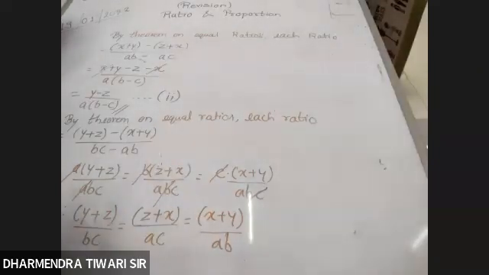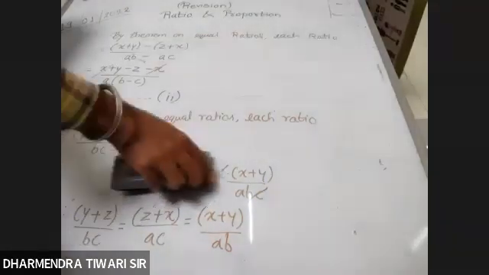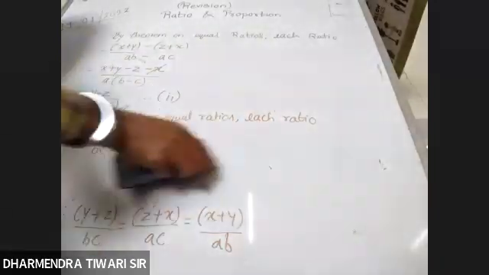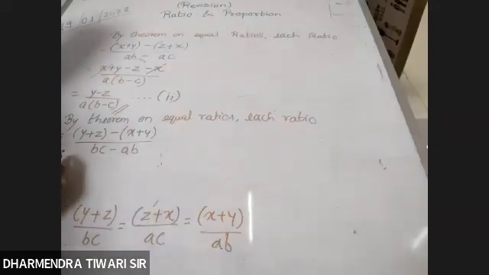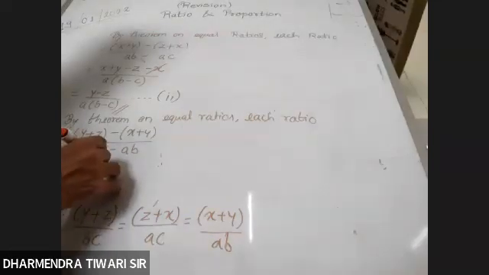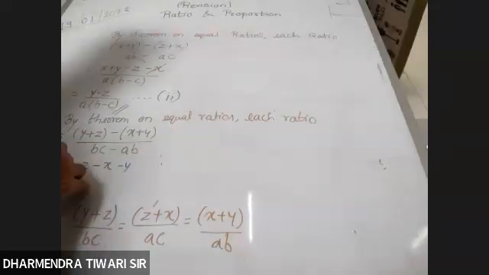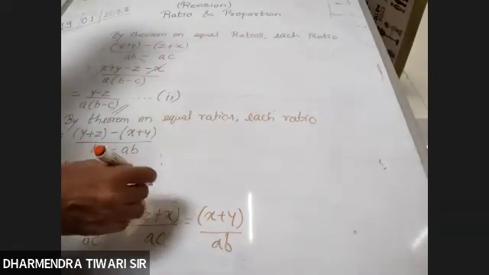So just open the bracket. Y plus z minus x minus y divided by b c minus a.